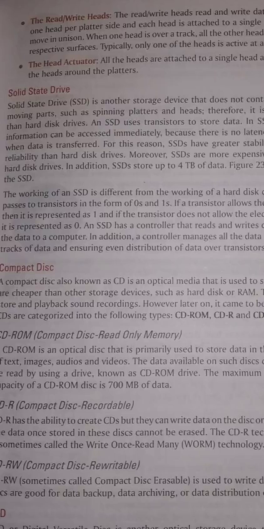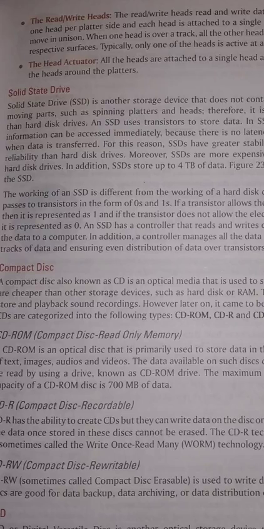Then there is DVD. DVD is digital versatile disc. It is a fully fledged form of CD, meaning if CD has less capacity, a DVD has large capacity, and DVDs again are recordable.